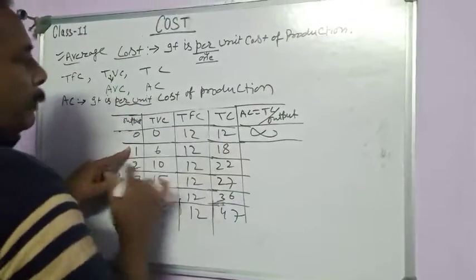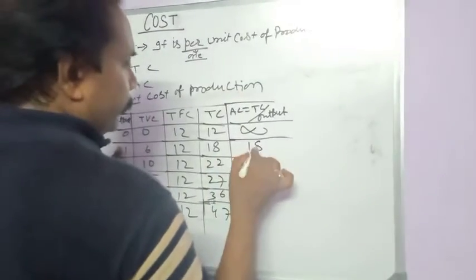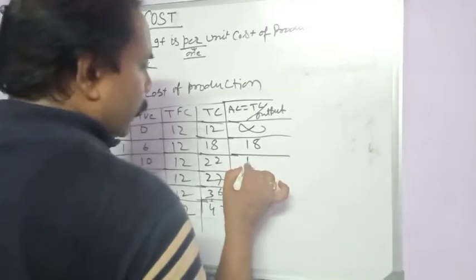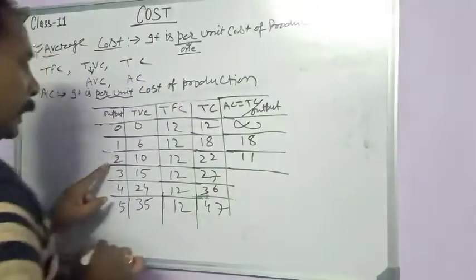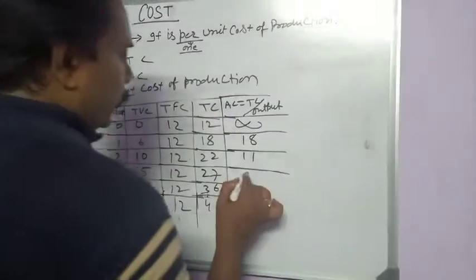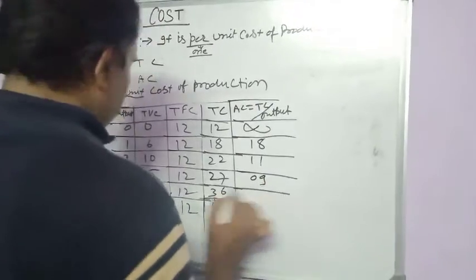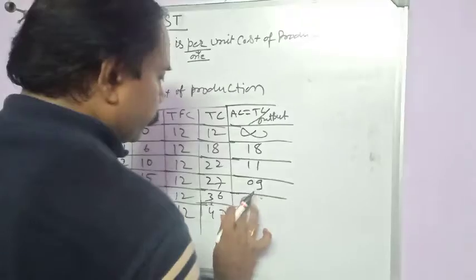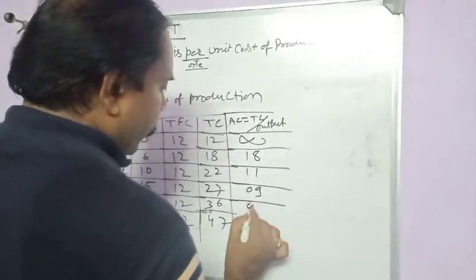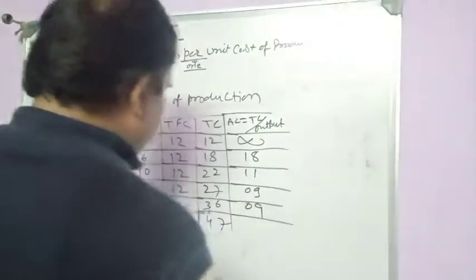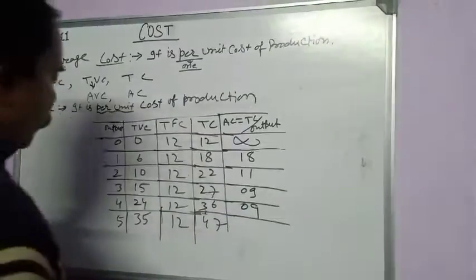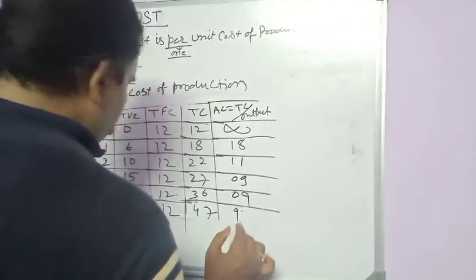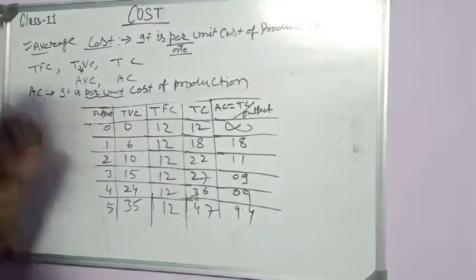Now 18 divided by 1, that is 18. 22 divided by 2, that is 11. Next 27 divided by 3, that is 9. 36 divided by 4, again it is 9. And 47 divided by 5, that is 9.4.